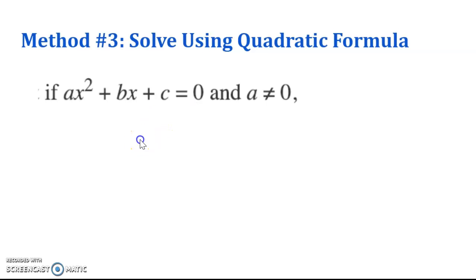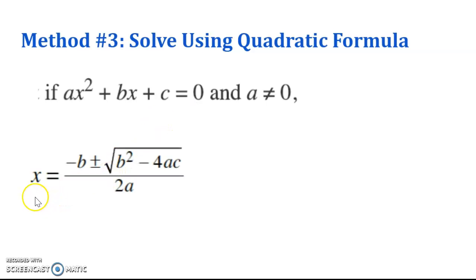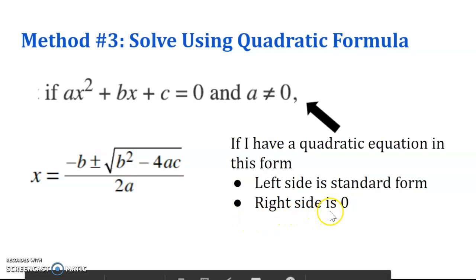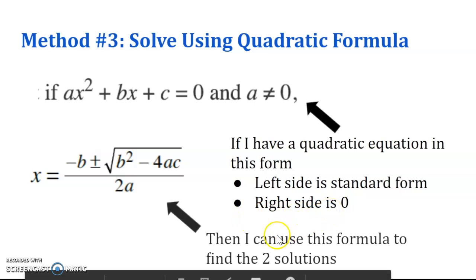And then you're going to use this formula: x is equal to negative b plus or minus the square root of b squared minus 4ac, all over 2a. And if you have a quadratic equation with the left hand side in standard form and the right hand side equal to 0, then I can use this formula to find the two solutions.